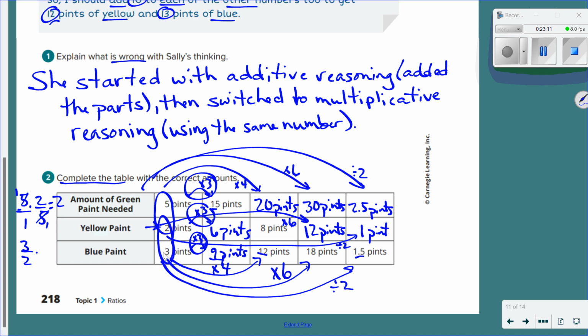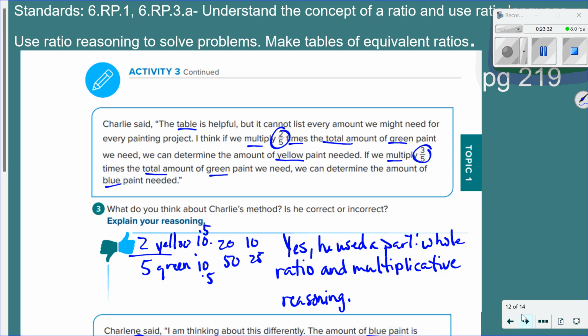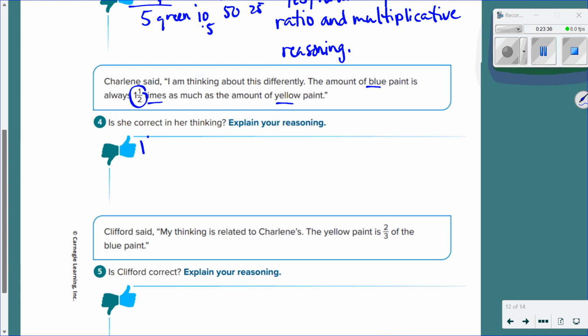So 3/2 times 2, the amount of yellow, equals 3. Did that give me the blue? Will that always work? Yes. What type of ratio did she use? Part to part. So yes, she used a part to part ratio and multiplicative reasoning.